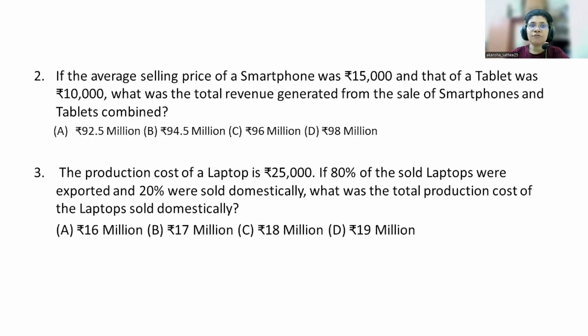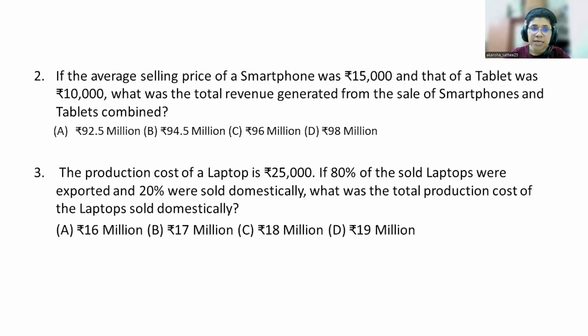Next problem. If the average selling price of a smartphone was 15,000 and that of a tablet was 10,000, what was the total revenue generated from the sale of smartphones as well as tablets? So first you have to get how many smartphones and tablets are sold, then multiply by the selling price, and then add them up.